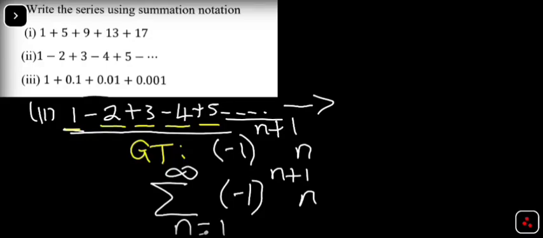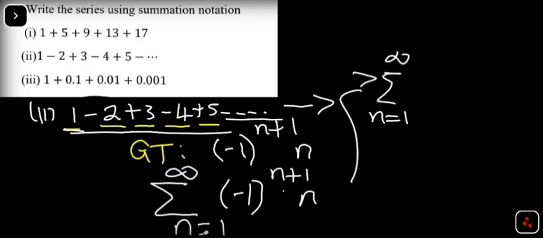If you want, you can put n in front. It's up to you. You're still going to get the same answer. Or you can write it like this, where we have n is equal to 1, n times negative 1 to the n plus 1.